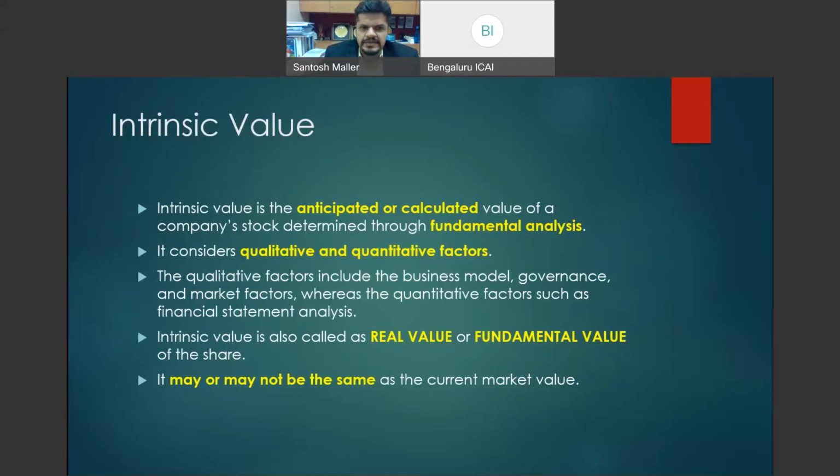There can be various reasons why current market value is not reflecting the intrinsic value, and that is why as investors we have to find out which are the shares that are undervalued and which are overvalued, and accordingly strategize stock market operations.